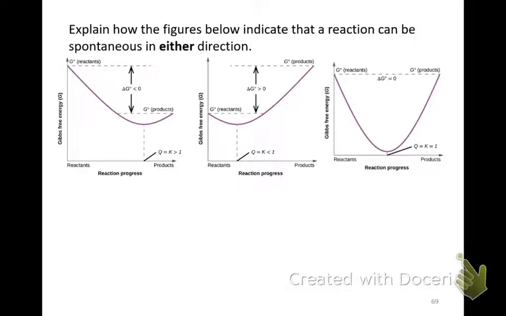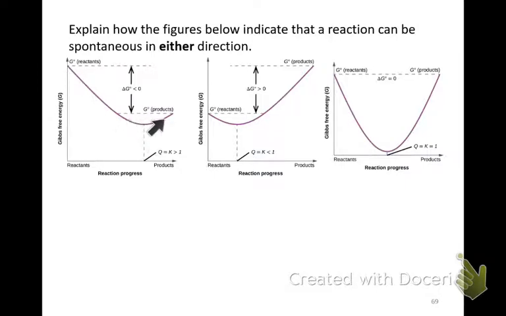So, for example, we see in these figures from your book that in the first figure over here, this reaction proceeds, and the equilibrium is more toward the products. So if your Q starts out with mostly reactants, then it's going to proceed toward the products.